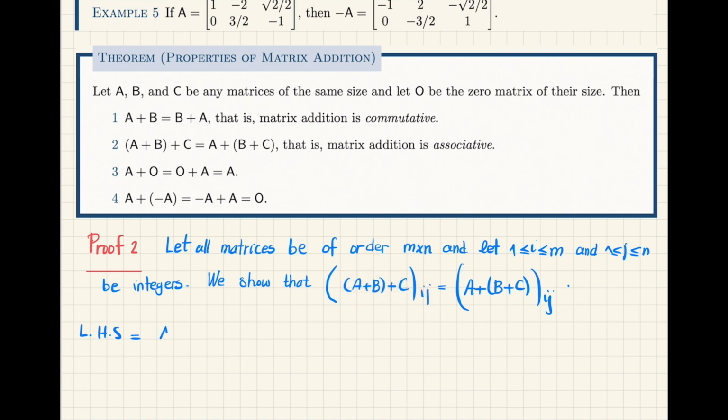It means that I need to take the ijth entry of the first one and the ijth entry of the second one. Oops, this is not a good way. So let me put this in respective notations and conventions. So that is it. But now, if you ask me what is the first one, again I can use the same definition.